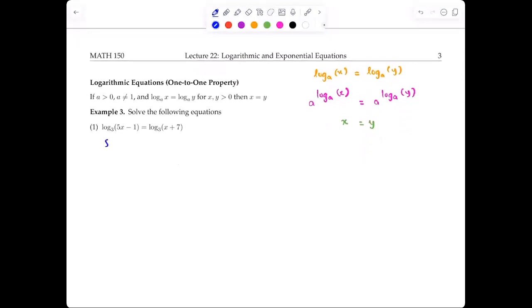Here you have 5x minus 1 greater than 0, or 5x greater than 1, or x greater than 1 over 5. This is the domain of the function on the left. And then x plus 7 greater than 0. This is the domain for the function on the right.